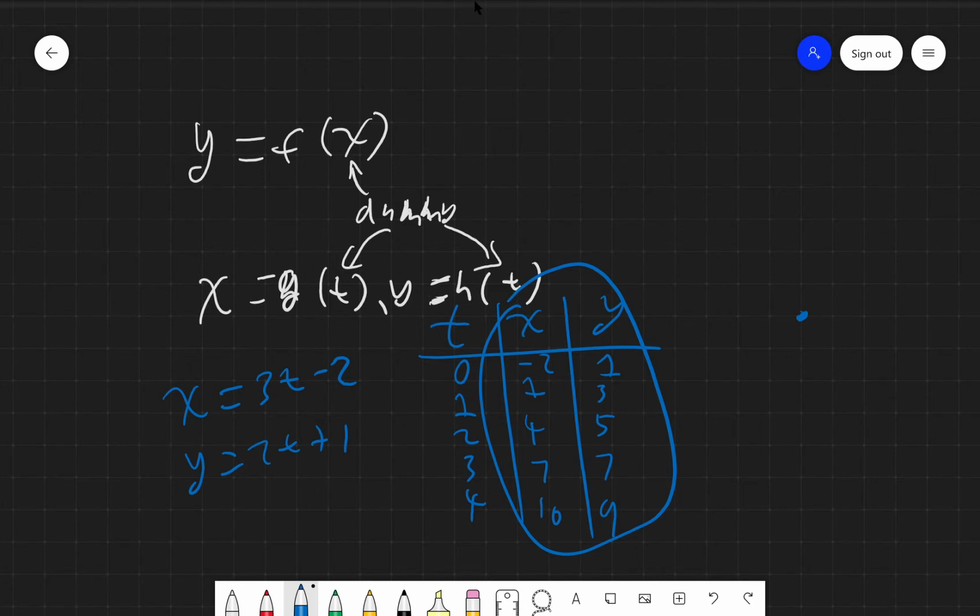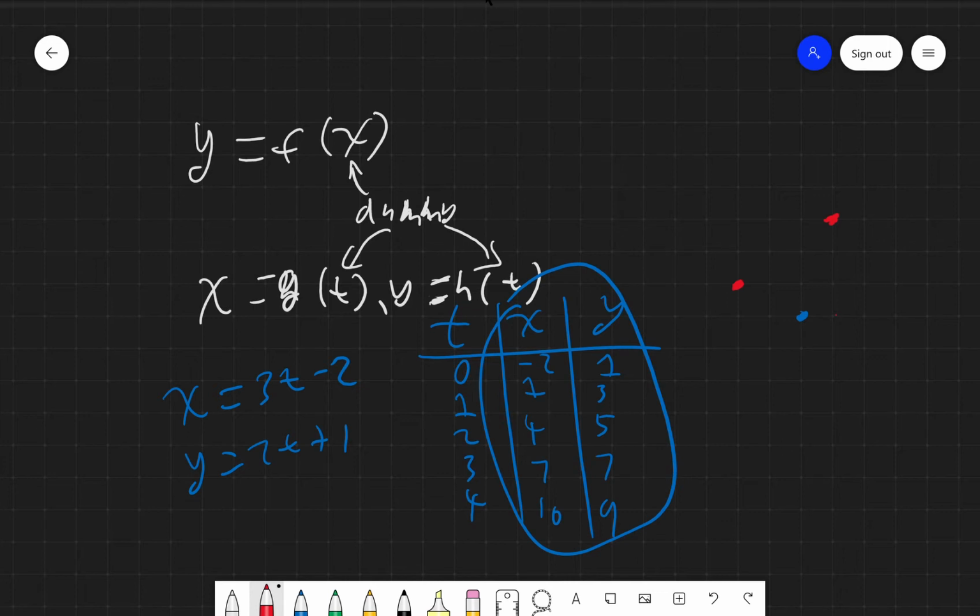This was the origin, right? So now our points would be (-2, 1), (1, 3). You notice that it starts here. So now our graph would go from there to there. But let's first draw it.